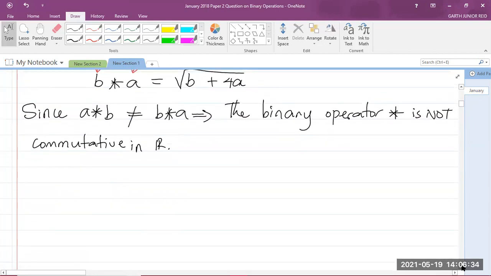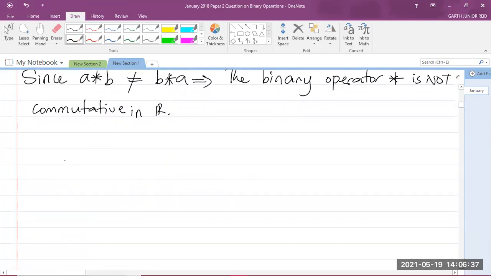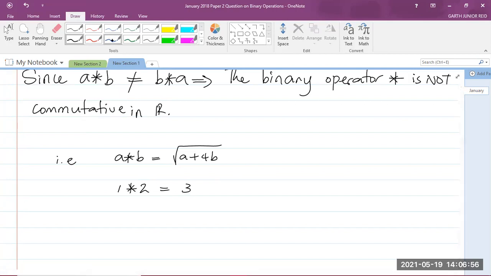Now, just to make it clear what I did here: A star B is equal to the square root of A plus 4B, and we had calculated the value of 1 star 2 as 3. When we say commutativity, we're saying that A star B must be equal to B star A, and B star A is the square root of B plus 4A.